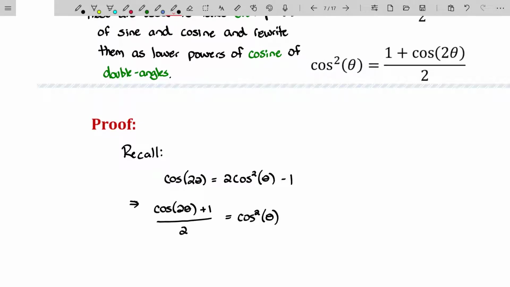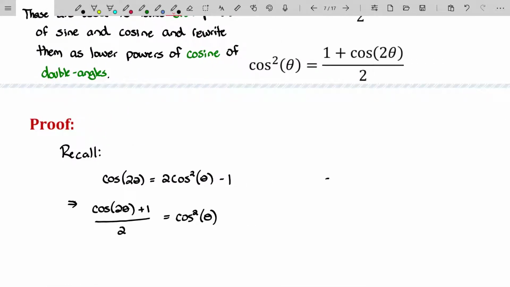Like I said, it only takes a moment to talk about these. So really all you're doing is playing with the double angle identity for the cosine and solving it for cosine squared. Same thing if you wrote the cosine double angle formula in terms of the sine. So it'd be 1 minus 2 sine squared.